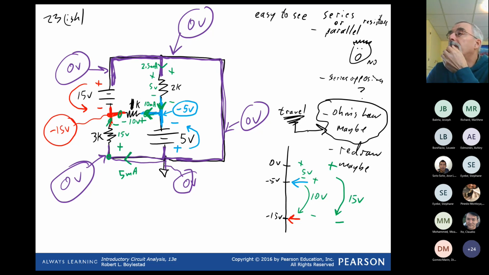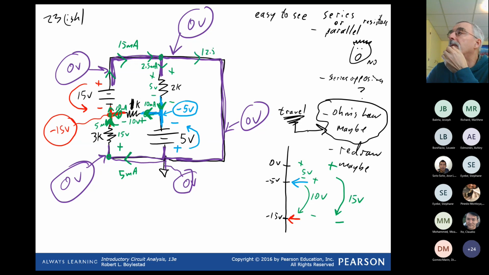The 5 milliamps enters this junction, and 10 milliamps also enters. So leaving here must be 15 milliamps. 15 milliamps loses 2.5.